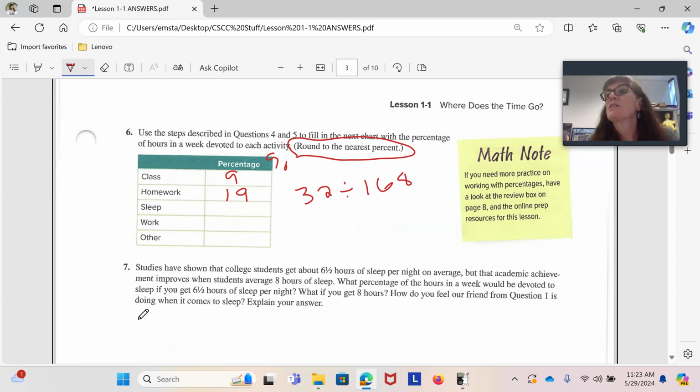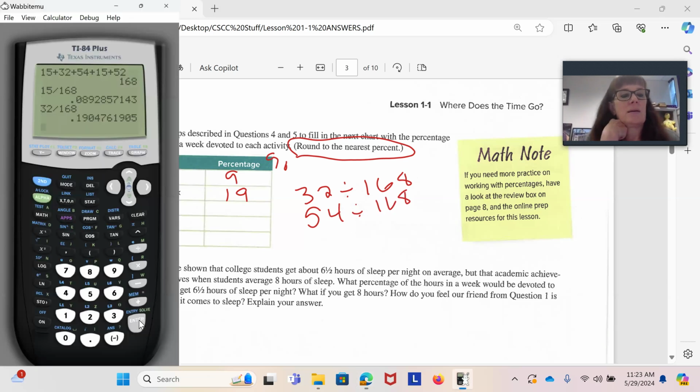Do the same thing for sleep. Sleep is 54 hours divided by 168. So 54 divided by 168. If I move my decimal 2 places to the right, it gives me 32%.